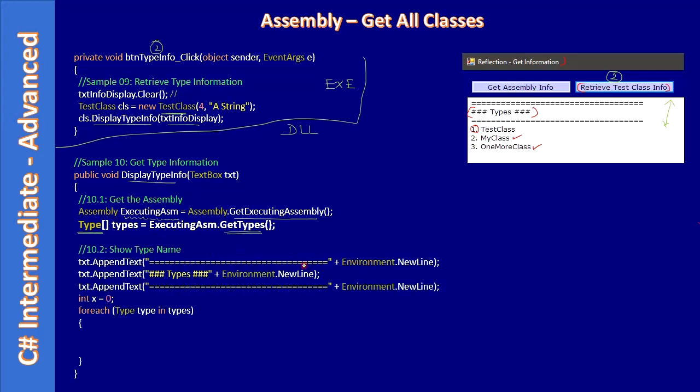Next, if you see here, we are just printing a message, so that you are seeing here. Then we have an integer variable, and this integer variable is useful to provide a sequence number.